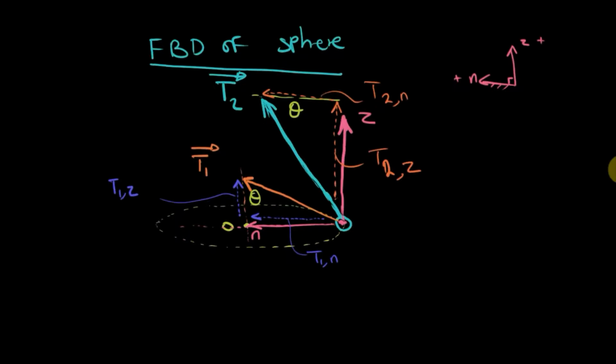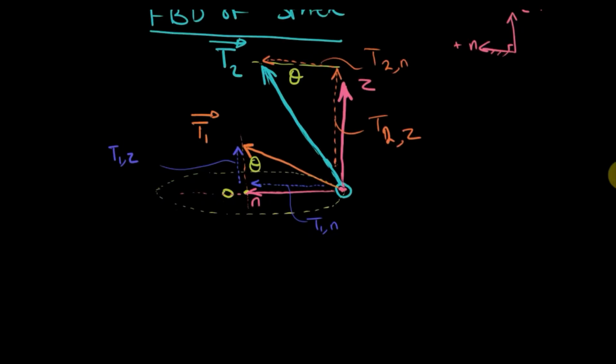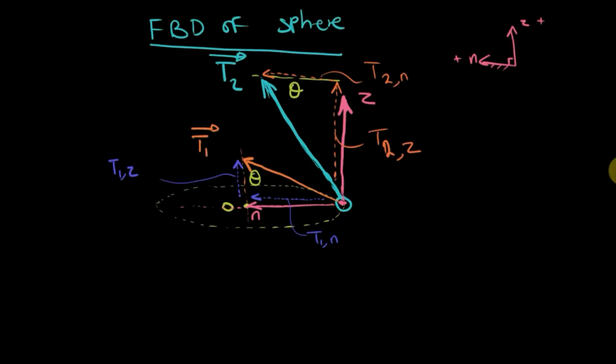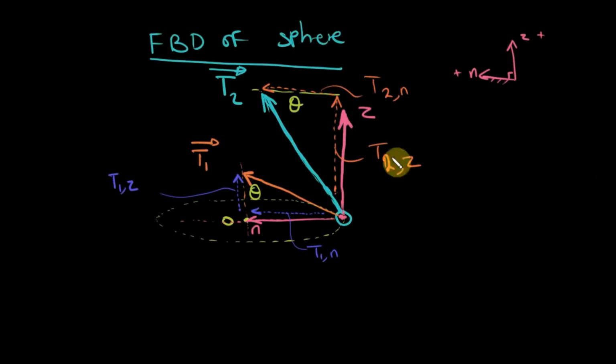So from the free body diagram, let's just write down what we know. We know that T2 normal is equal to T2 cos theta, and T2Z is equal to T2 sin theta.